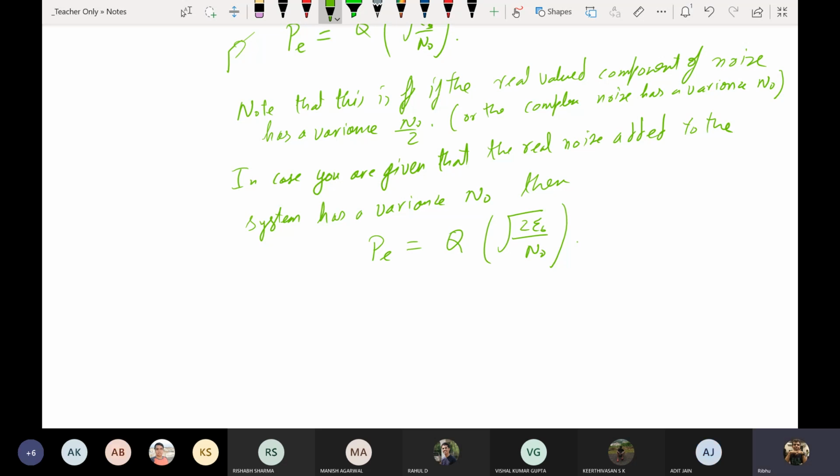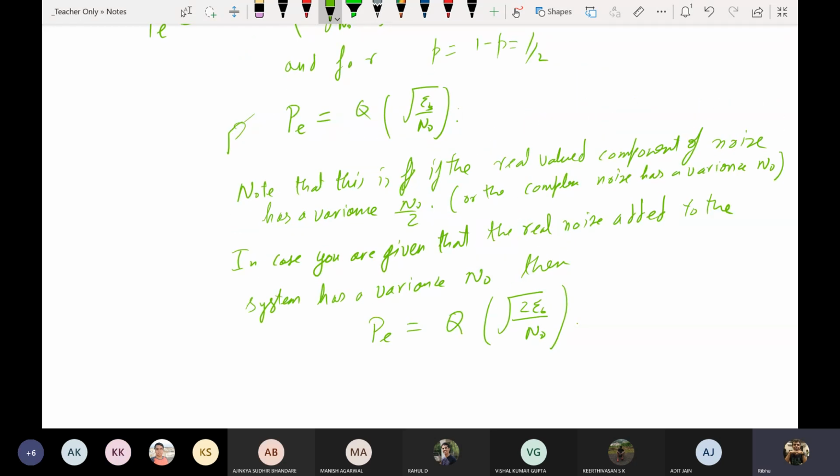Sir, the last statement that I am seeing is Pe is equal to Q of root 2 Eb by N naught. Yes, that is what you wrote. Okay, so you see that the first statement, root Eb by N naught, is when you are given the variance of complex noise, N naught. This you have to keep in mind.